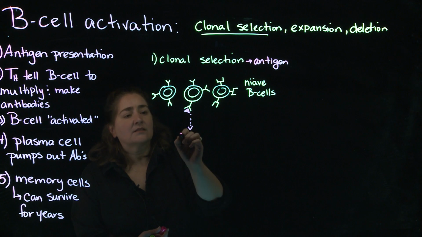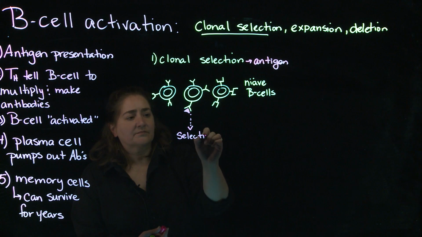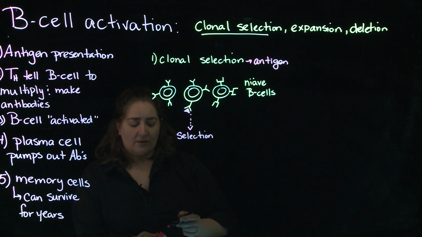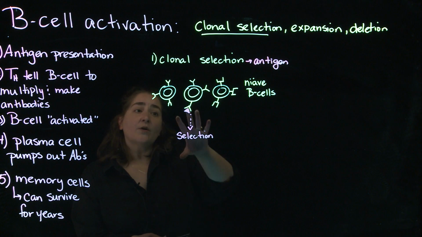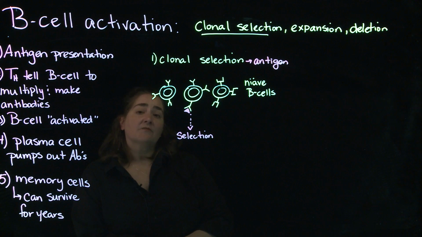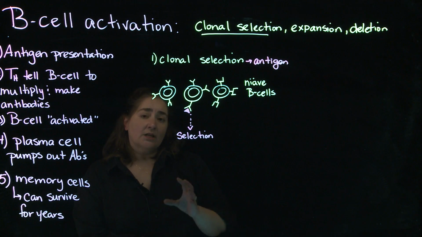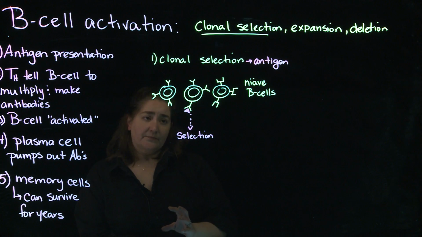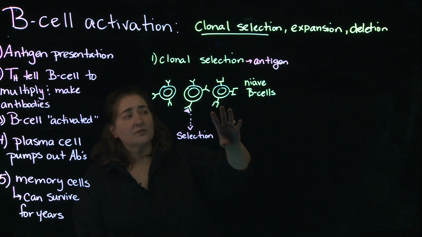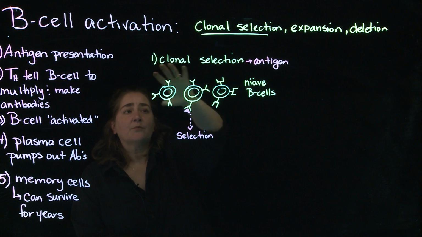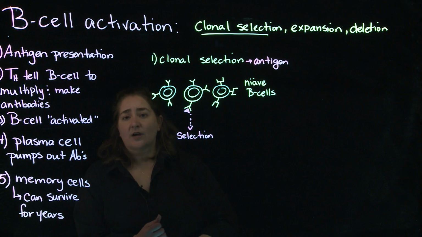This is now the selection of our B cell that is going to go through the process of activation so that it can produce the plasma cells, okay?